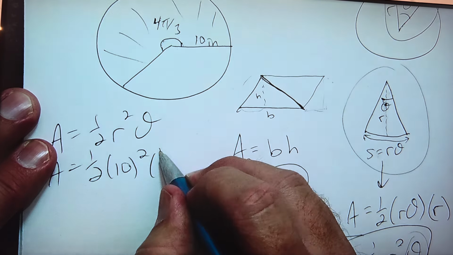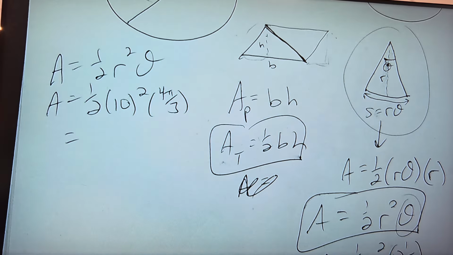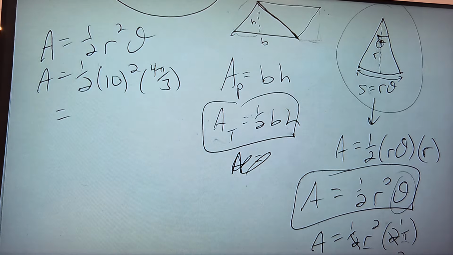And the angle is 4 pi over 3. So if you plug that in your old calculator, if you have one, let's see, Jeff, what do you think it's going to be? I never go far enough. I'm going to say 211. Did I go too far? It's probably less than that.